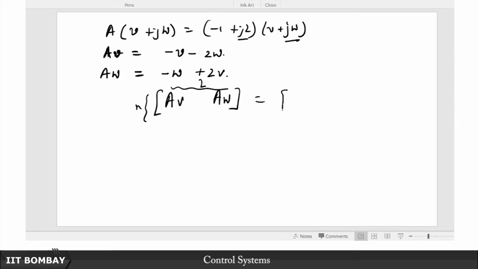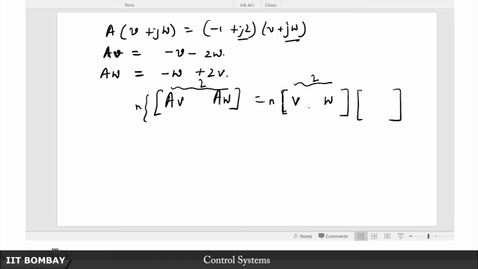On the right hand side, essentially, if I write this as V and W, then what sort of a combination of V and W is this? This is of course n and this is 2, so I would require a 2 cross 2 matrix here.